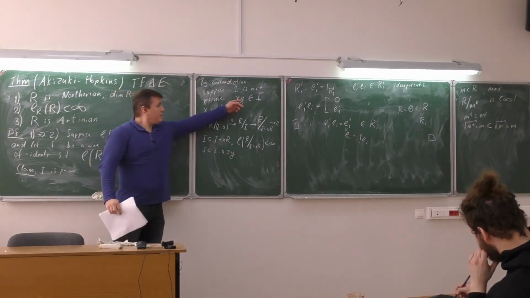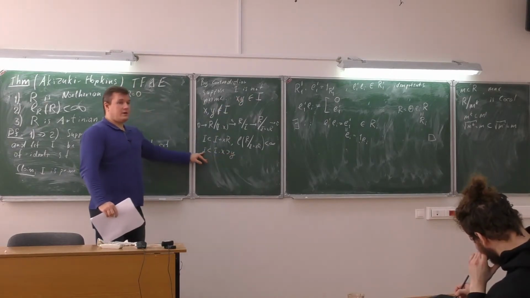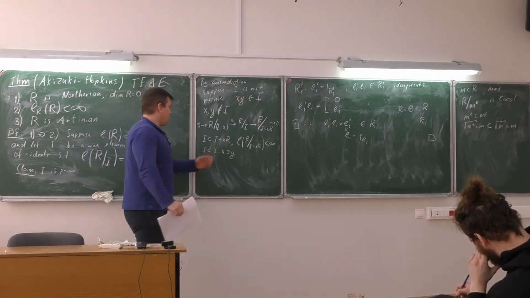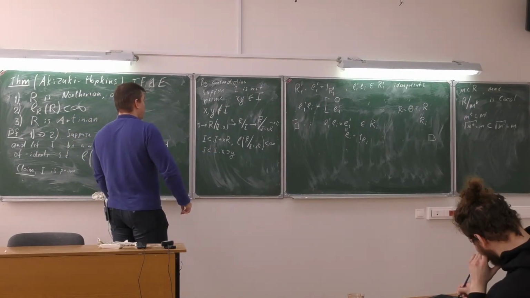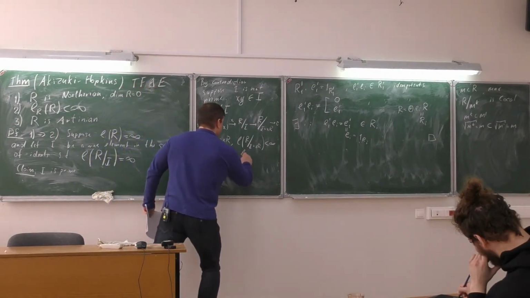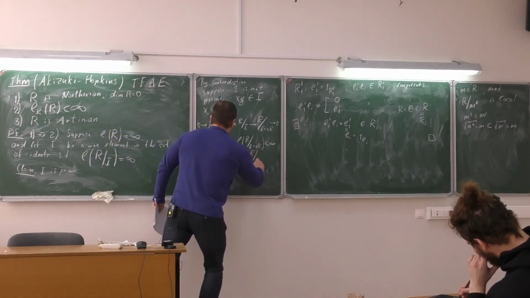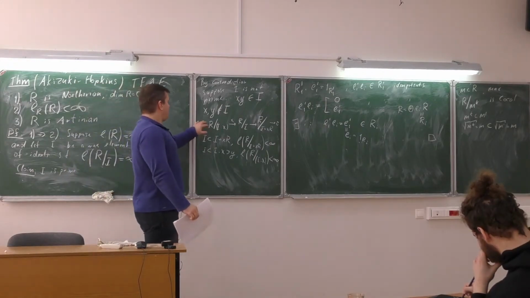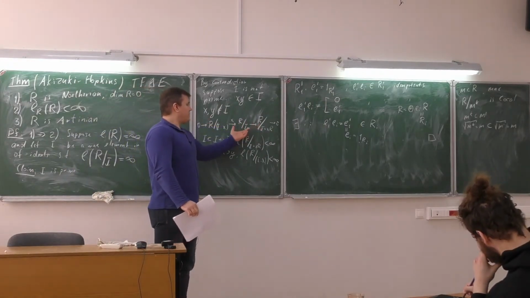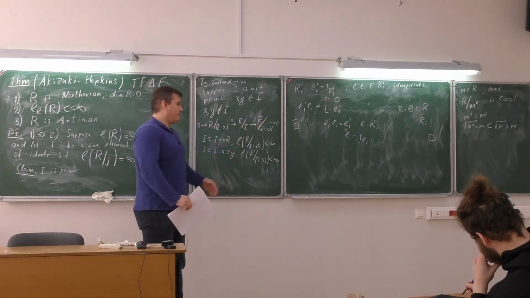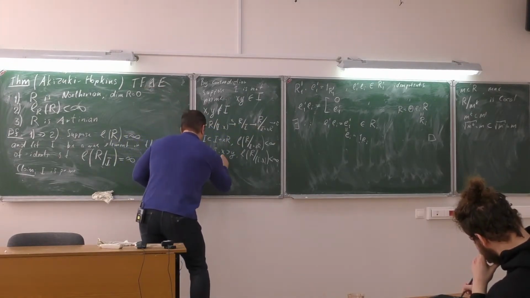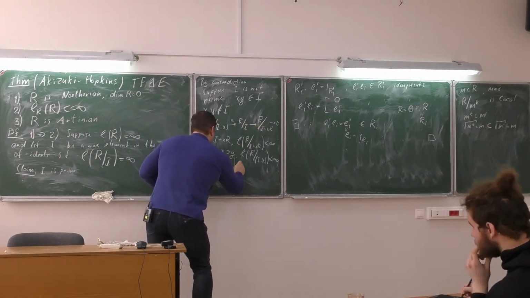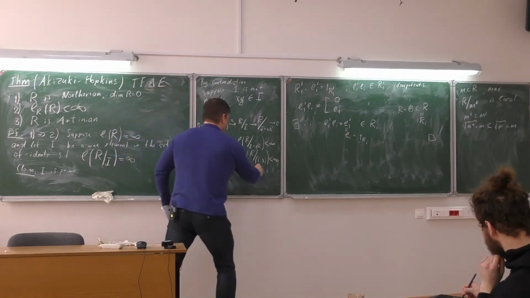So xy is in I, but y is not in I. So again, that's an ideal that is larger than I. So I can conclude that the length of R modulo the colon ideal is finite. And we proved for short exact sequences that if the lengths of the first term and the third term are finite, then the length of the middle term is also finite. So the length of R modulo I is finite, which is a contradiction, of course.